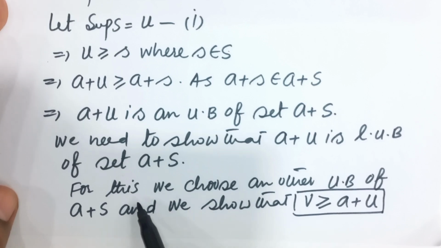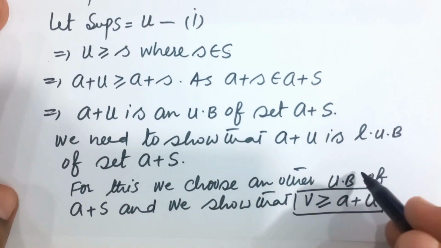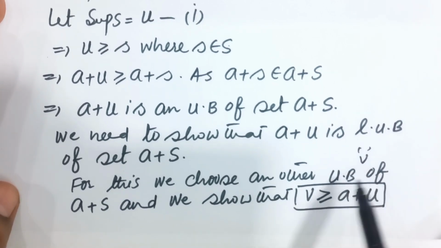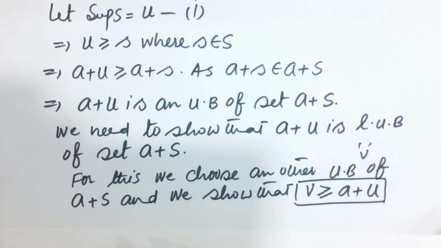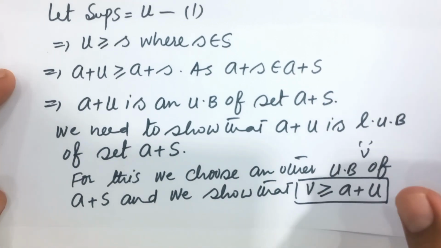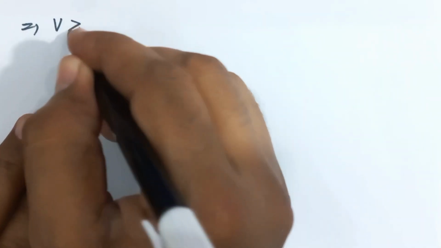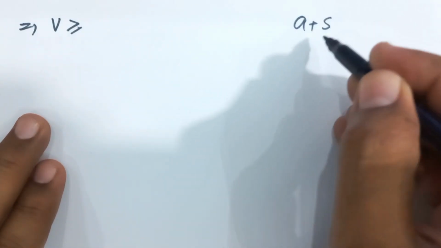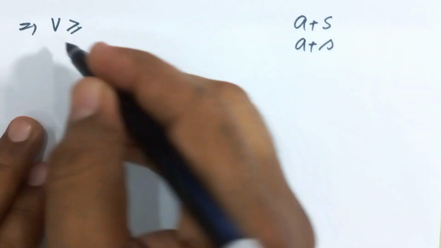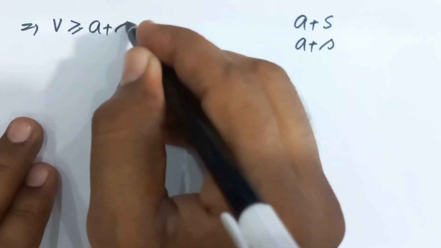As we are taking V as an upper bound of A plus S, by definition of upper bound, V is greater than or equal to every element of set A plus S. As the set A plus S has elements of the form a plus small s, it means V is greater than or equal to a plus s.